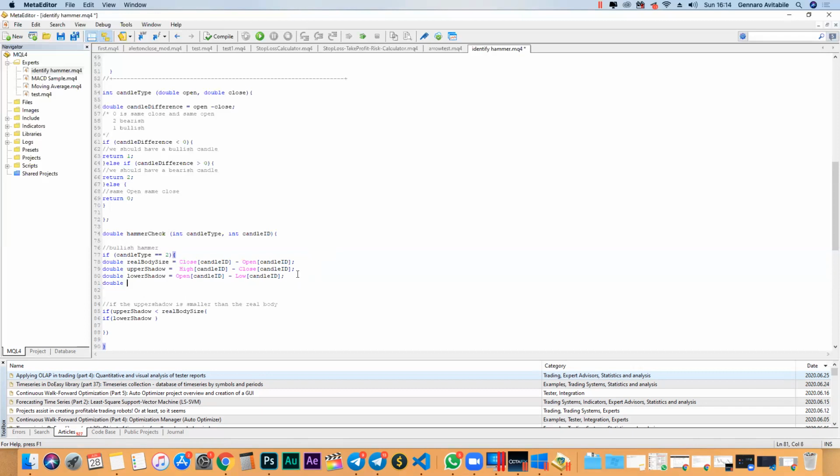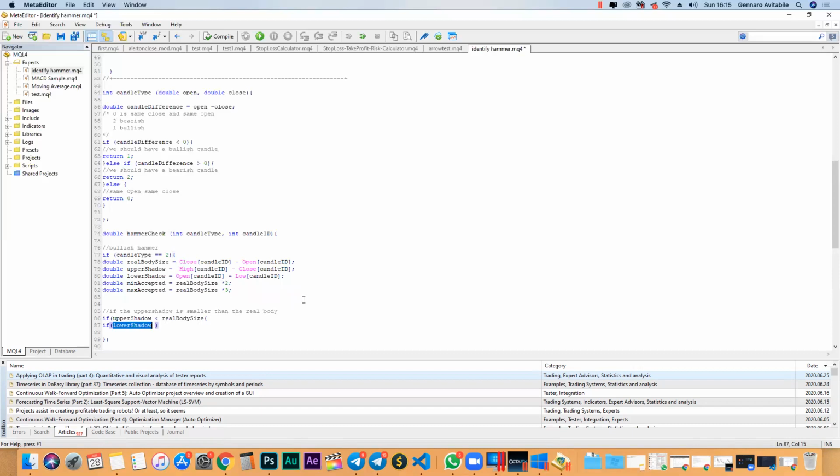So the double minimum accepted is going to be equal to real body times 2. And that's the minimum. And the maximum accepted is going to be real body size times 3. So this is the minimum and the maximum.